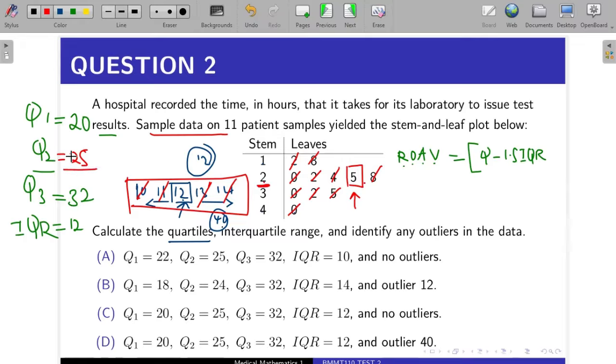Now the median will divide the data into 2 equal parts, the upper half and the lower half. The lower half will be from 2 all the way up to this 4 before I reach this 5. The upper half will be from this 8 all the way up to this 0.